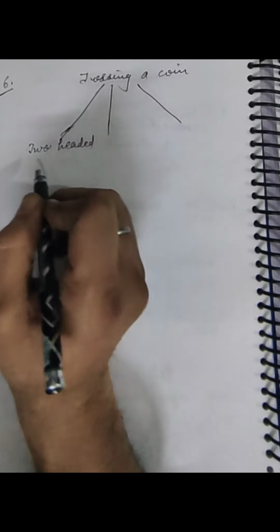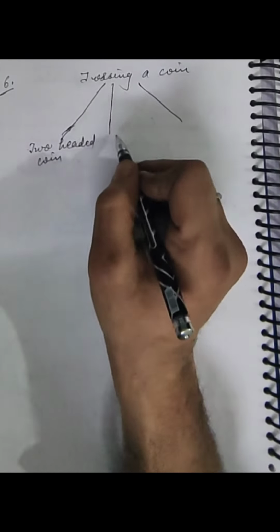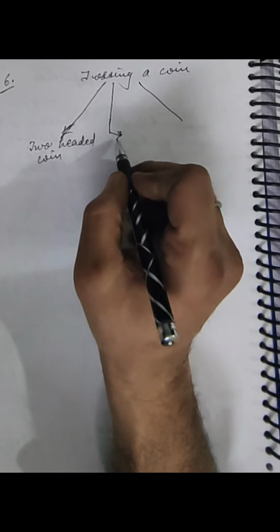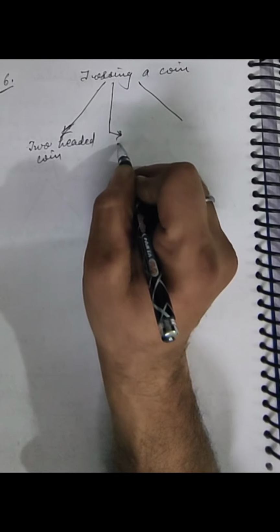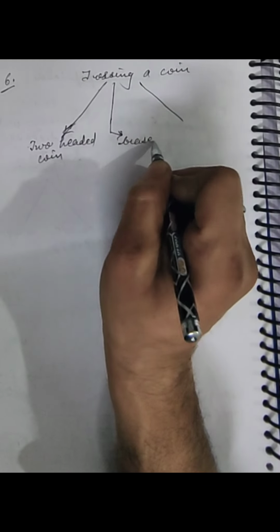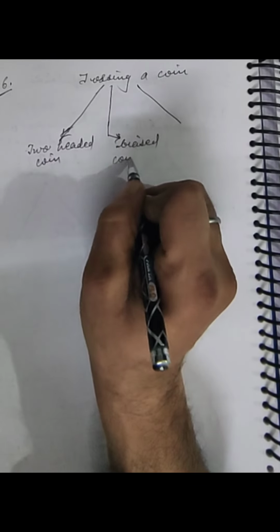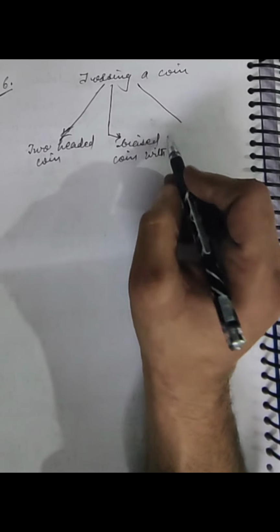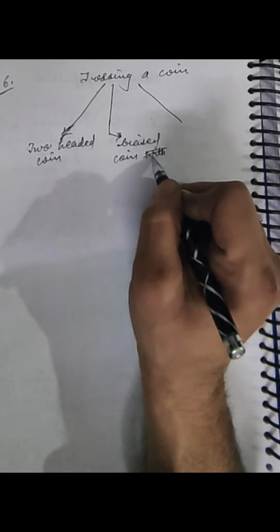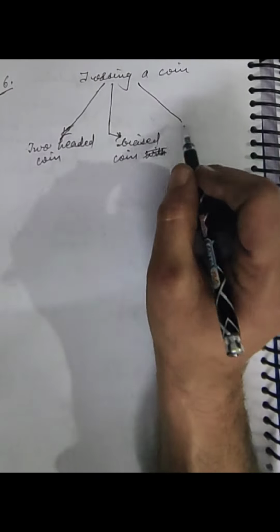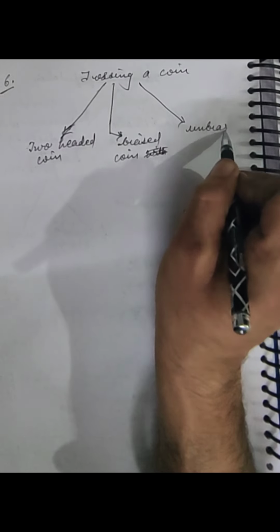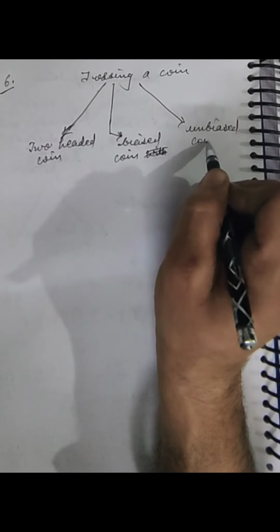Second one, we can have a biased coin. Simply we will write biased coin, but no need to write 75% probability of head. Later on we will discuss it. And third one is the unbiased coin, the true one.